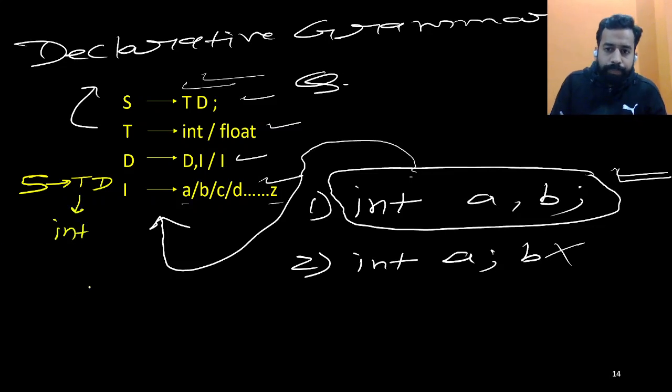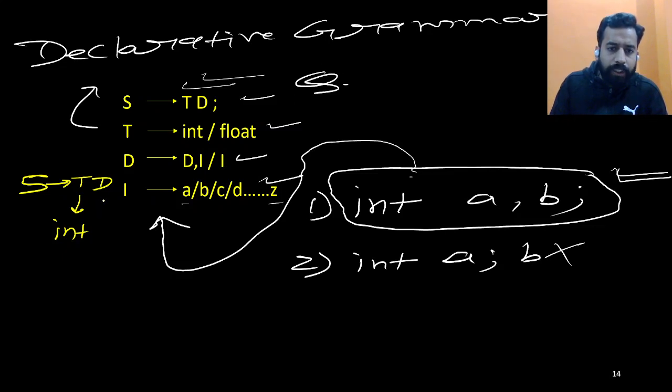Okay, no problem. T can derive int, right? And what can D derive? Okay, there are two ways you can do this. Either you can do it top to bottom or bottom to up. So I'm going top to bottom.